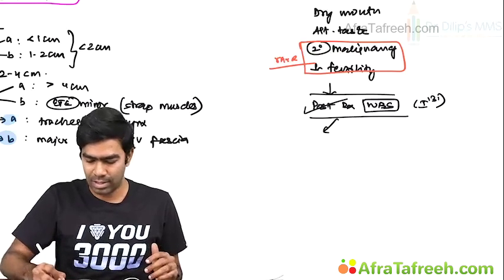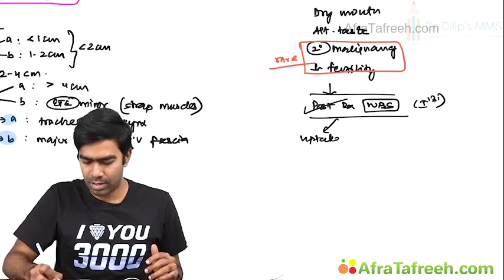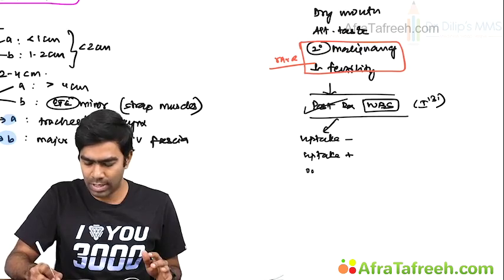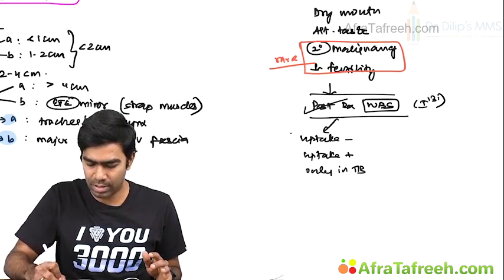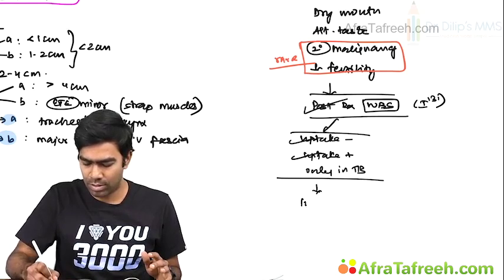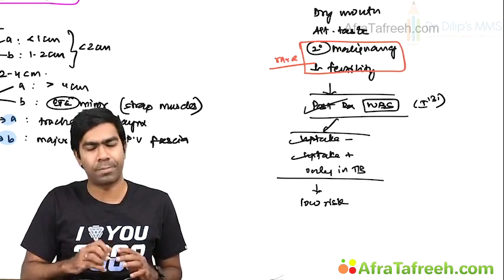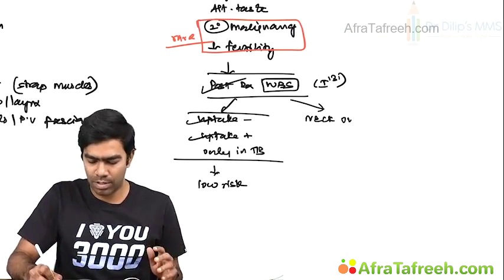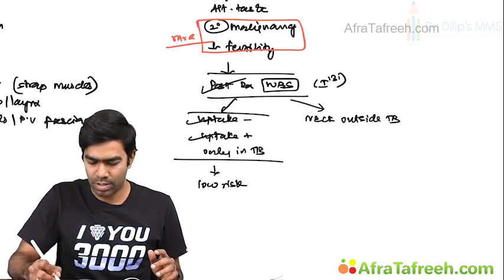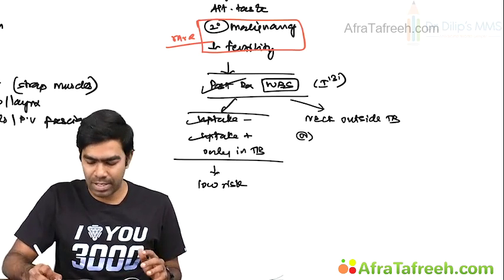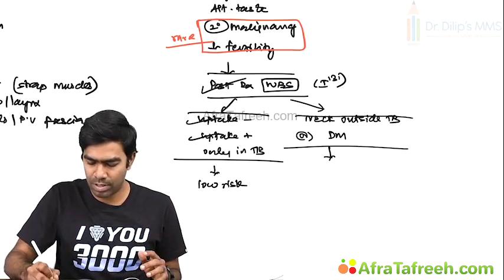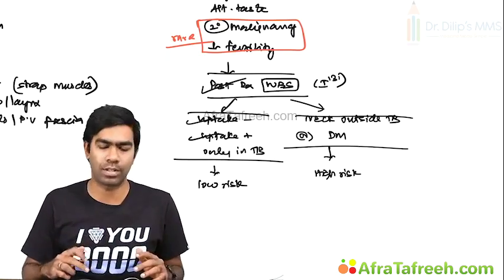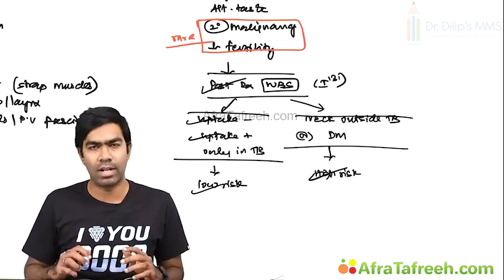So if you see uptake negative anywhere in the body, or uptake positive but only in the thyroid bed area, that puts them under ATA low risk, fine. If elsewhere, probably in the neck outside the thyroid bed, or if you have a distant metastasis somewhere, this puts them under ATA high risk. This point I didn't tell purposefully, because otherwise it would be confusing there. So you know the risks after radioactive iodine ablation also.